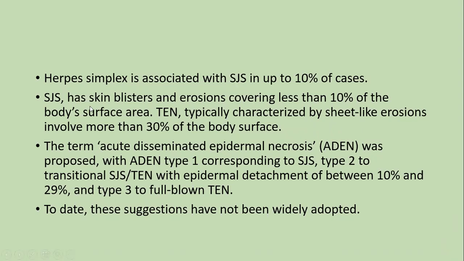Stevens-Johnson syndrome has skin blistering and erosions covering less than 10% of the body surface, while TEN, as you all know, is characterized by involvement of more than 30% of the body.